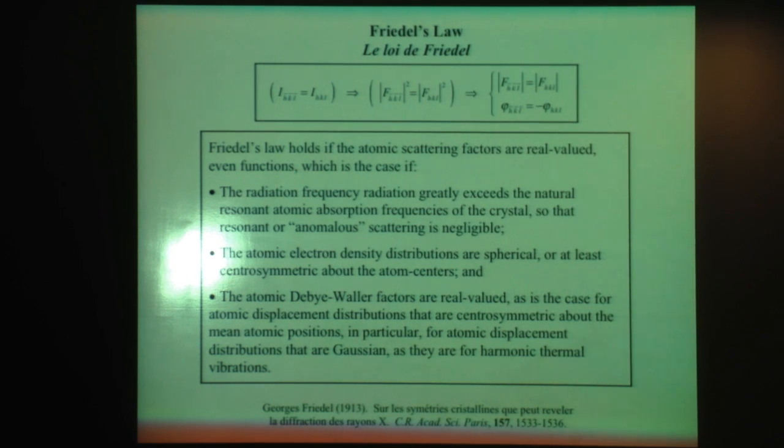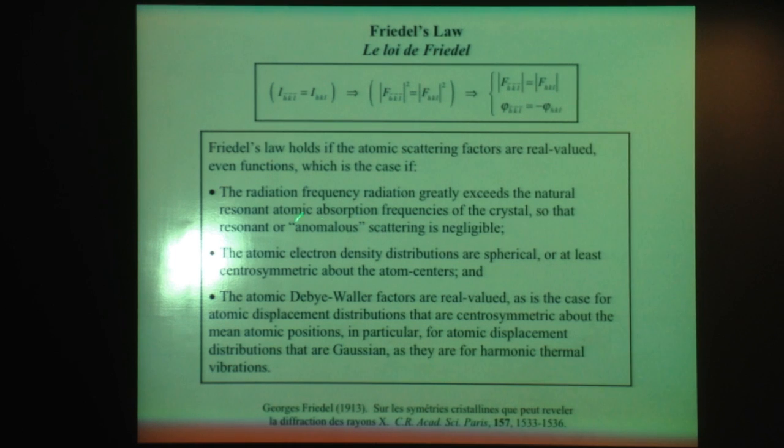And that's true if the frequency of the X-rays, or the radiation that we're using, is much larger than any natural frequency of absorption for the atoms in the crystal. That's very frequently the case, but it's not without exception. And when there is an exception, the differences are small. So that's the condition for Friedel's law to hold.